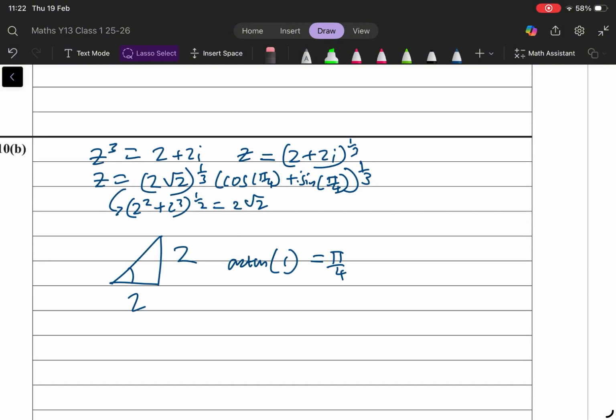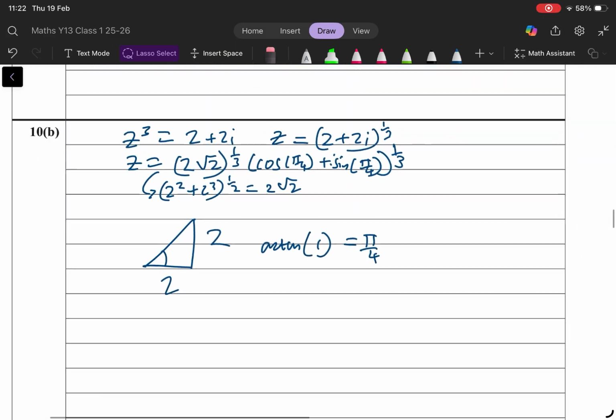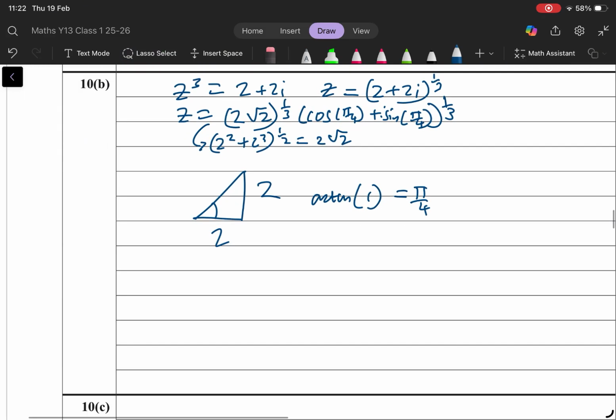I kind of badly laid this out, I can't lie, but z equals root 2 and then cos pi over 12 plus i sine pi over 12.